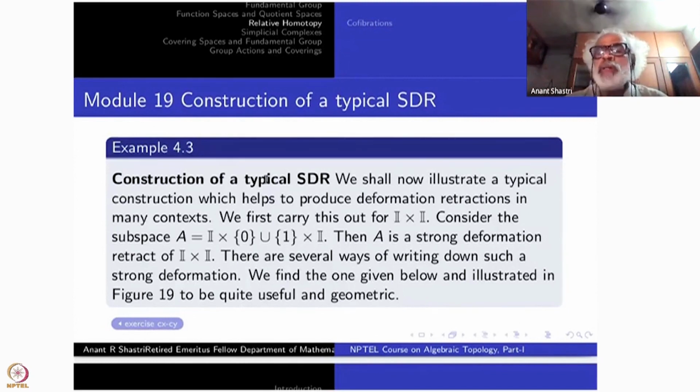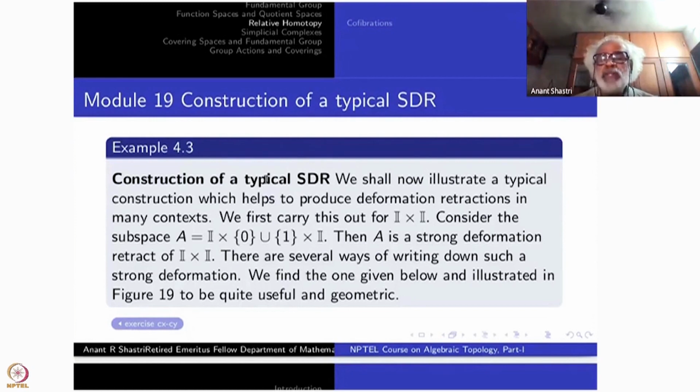They all fall into a certain pattern. Almost always things are happening in the domain itself. So that kind of consideration is what I am going to do now: the construction of a typical strong deformation retract.